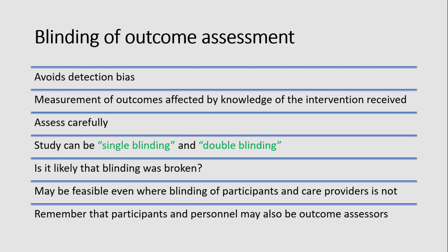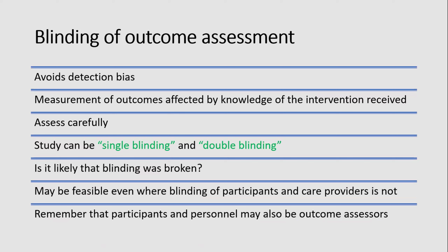So next is detection bias, blinding of outcome assessment. It will try to avoid detection bias, where measurement of outcomes is affected by knowledge of the intervention received. You assess carefully; a study can be single blinding or double blinding. Double blinding means that both the researcher and the participant will not know where they are going to be recruited. Is it likely that blinding was broken? Sometimes the blinding will be broken in the study.